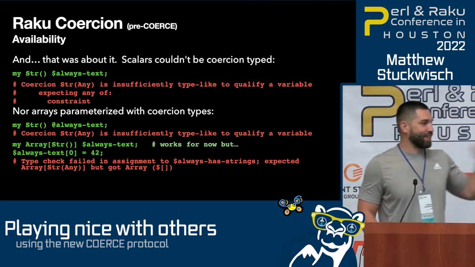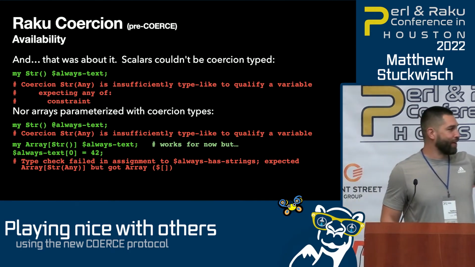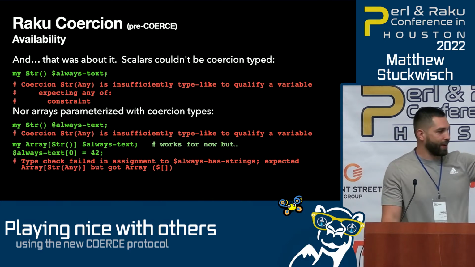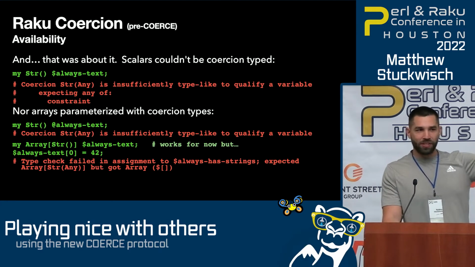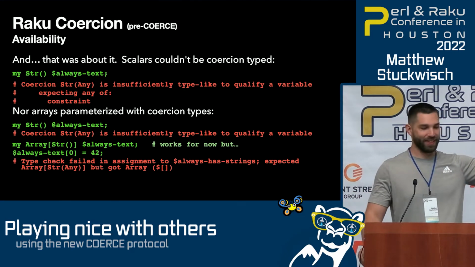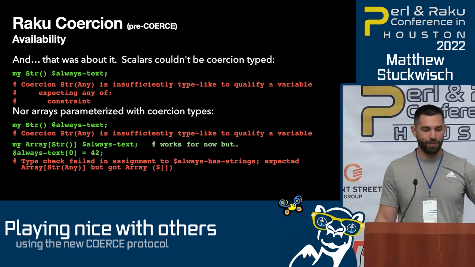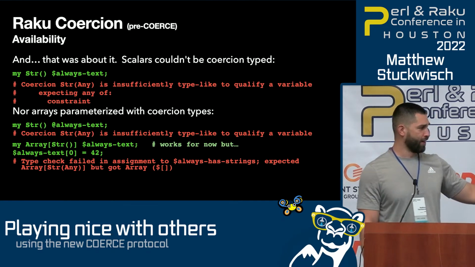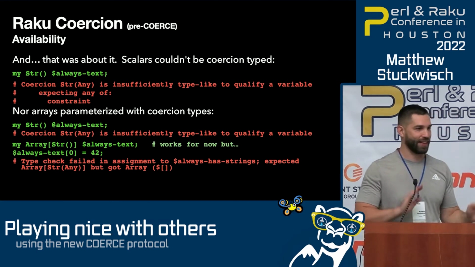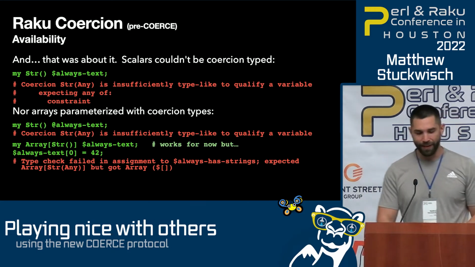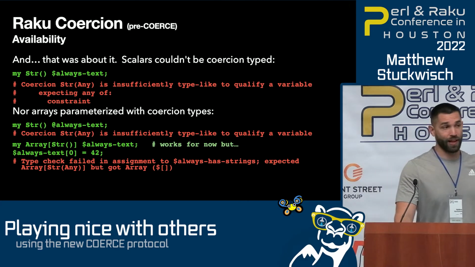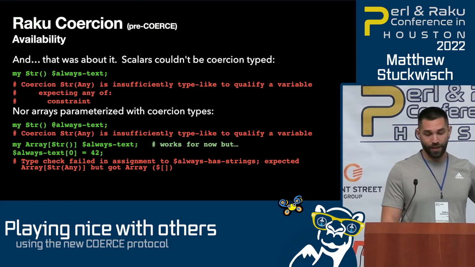But I actually found, as I was testing this out on some earlier versions of Raku, you could use the more explicit parameterized approach and put it in a scalar, and it would start to work. You'd think it was working until you tried to set anything to it, and then it blew up with a type check fail and a very odd type check message that doesn't really make any sense to me. I don't really understand how those types were getting in there. But none of those could work. And those are both incredibly useful times where we would want to use coercion.